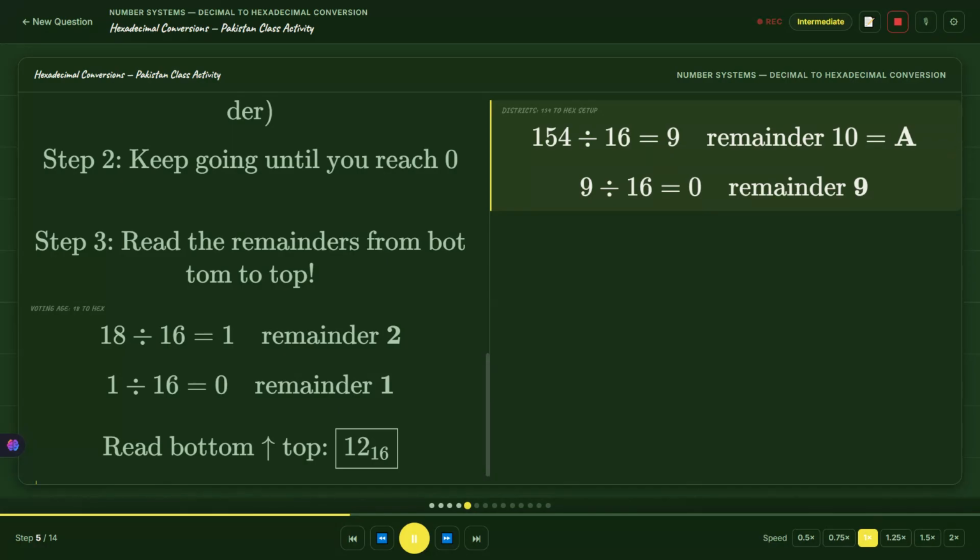That gives 9 groups with 10 left over. And remember, 10 in hexadecimal is the letter A. Then 9 split by 16 gives 0 with 9 left over.